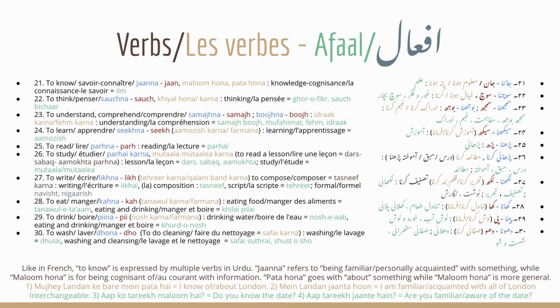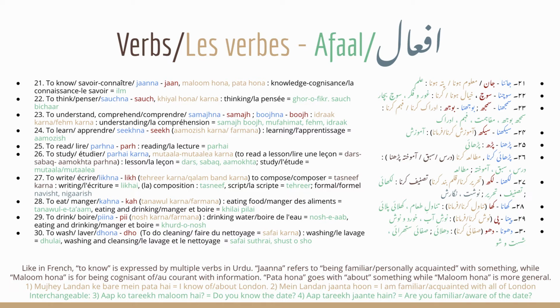Pata hona goes with about something, while malum hona is more general. So for example, मुझे लंदन के बारे में पता है, I know about London. Two, मैं लंदन जानता हूँ, I am familiar, or acquainted with all of London.